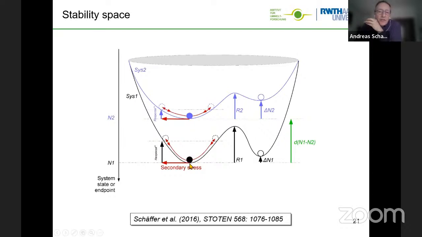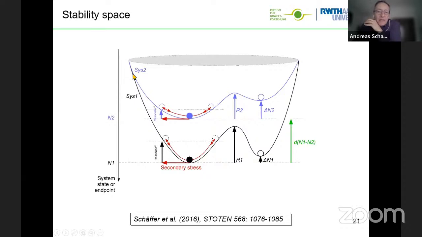Under certain conditions, this system has a certain system state, let's say enzymatic activity. If a further stress occurs, the system state is changed, as seen by this arrow here. But if the stress is not high enough, the system will return to the original state. But if the stress is high enough to surpass the resilience of the system, which is this arrow here, the system state will come to a different position afterwards.